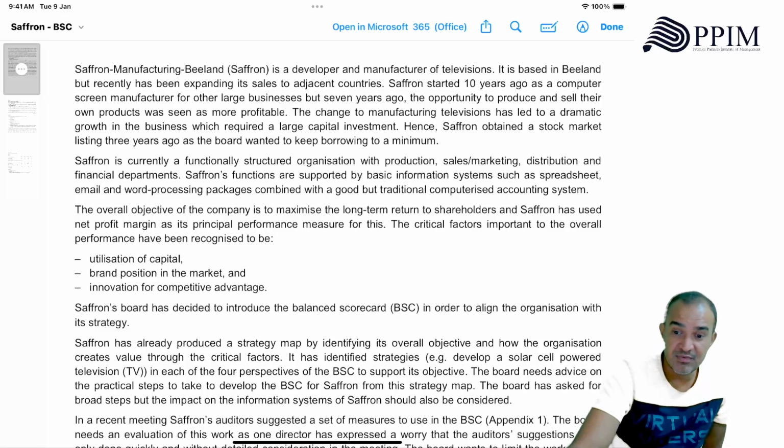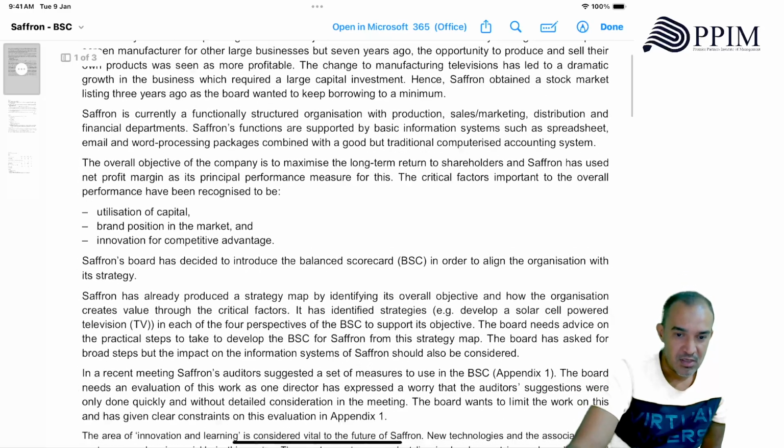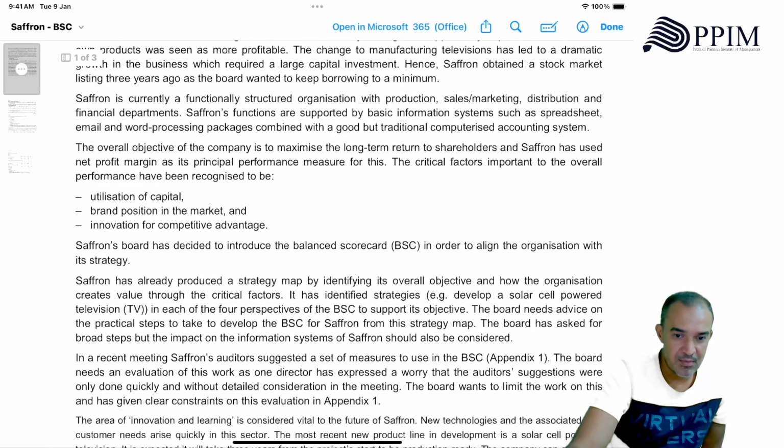The critical success factors important to the overall performance have been recognized to be utilization of capital, brand position in the market, and innovation for competitive advantage. S's board has decided to introduce the balanced scorecard in order to align the organization with its strategy.